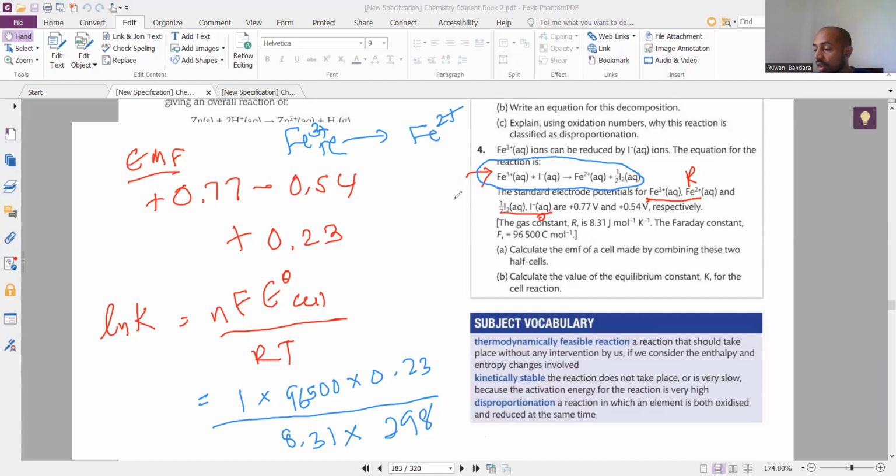Latushan, tell me the value for K. Kaushika, what is the answer?